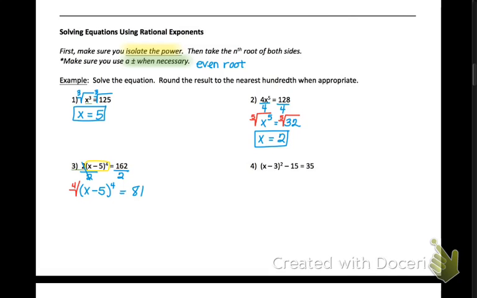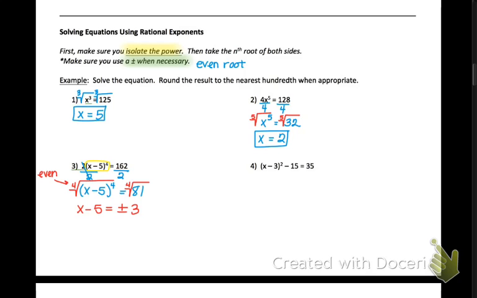So this is where we're going to take the 4th root of both sides. But notice, 4 is even. Both of the other examples were odd. So what we get is x minus 5 equals, because it's even, this is where we introduce a plus or minus. The 4th root of 81 is going to be plus or minus 3, because 3 to the 4th is 81.